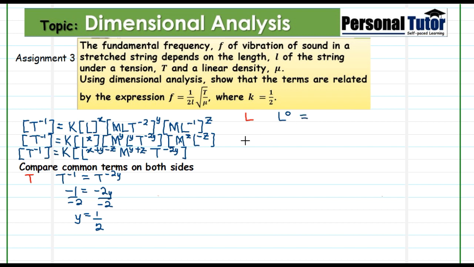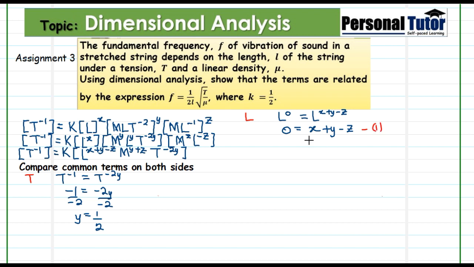And it's equal to, on the right hand side, L carrying the exponent S plus Y minus Z. This then generates an equation like 0 equals S plus Y minus Z. Let's call this equation number 1.